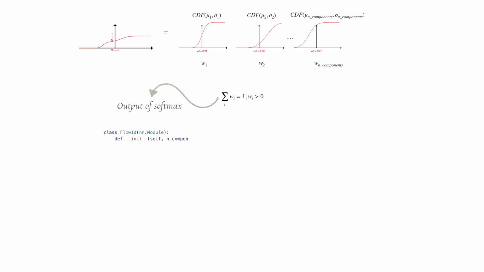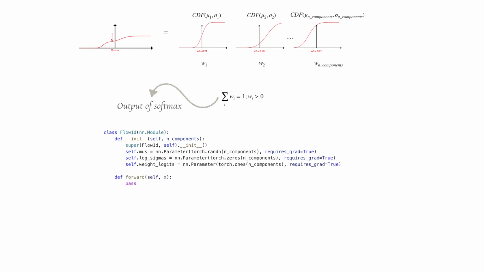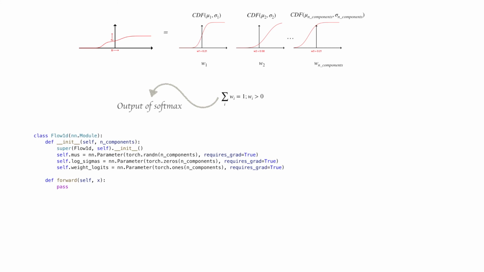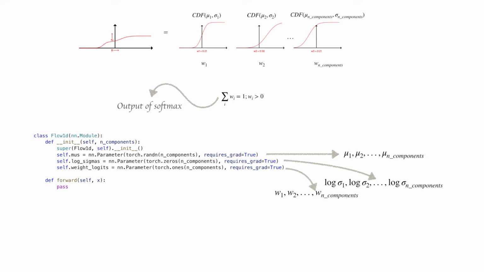Now let's define all the parameters which we want to learn. We define the mu's and sigmas of each of the n component distributions, but instead of sigmas, we use log sigmas for numerical stability. Then we define the logits to get the weights.